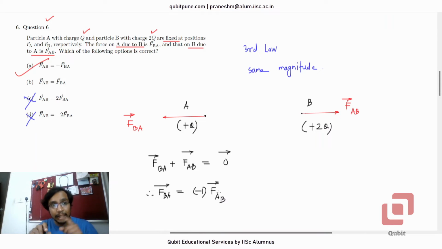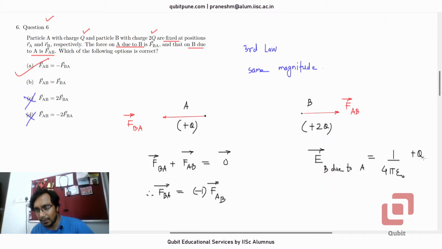Now you might wonder, how can they ask such a simple question? I'll tell you my guess. If I ask you, what is the electric field at B due to A, this electric field is 1 upon 4 pi epsilon naught plus Q upon R squared R cap.